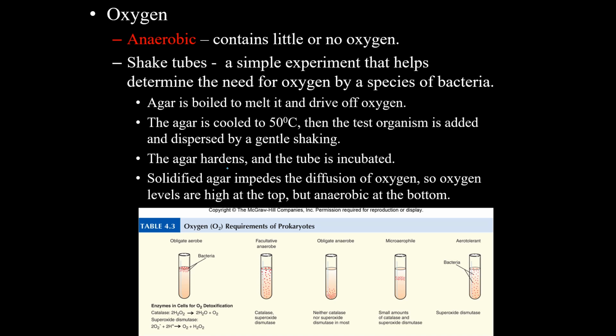Facultative means it can, but it doesn't really want to. So a facultative anaerobe would prefer to be aerobic and have oxygen, but if there's not oxygen, it can switch to fermentation or anaerobic pathways. So they can survive that way, but they would prefer not to. A good example of one that does that, that we've played with in lab, is E. coli. Yeast, Saccharomyces cerevisiae, is also a facultative anaerobe.